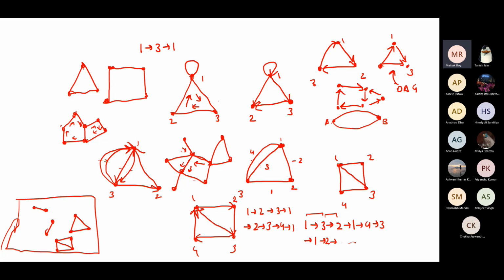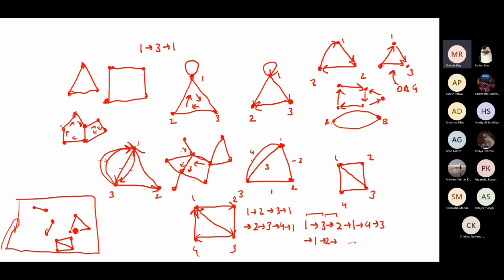So the idea is that you take the largest subgraph such that there is a path between any two vertices in it. So this square thing is one connected component, because there is always a path from here to here, here to here, and so on.